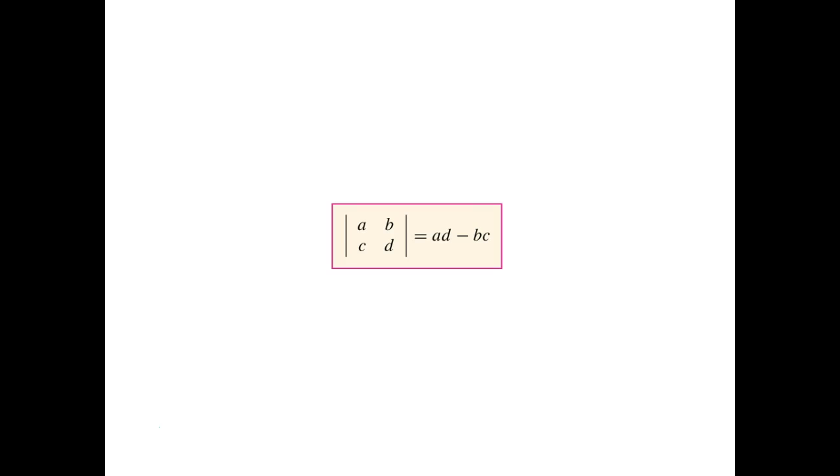A matrix is an array of numbers. You can only take determinants of square arrays, and if you have a 2 by 2 with A, B, C, D, the determinant is the product of A and D minus the product of B and C. You're going to need to know that later for what we're going to be doing.